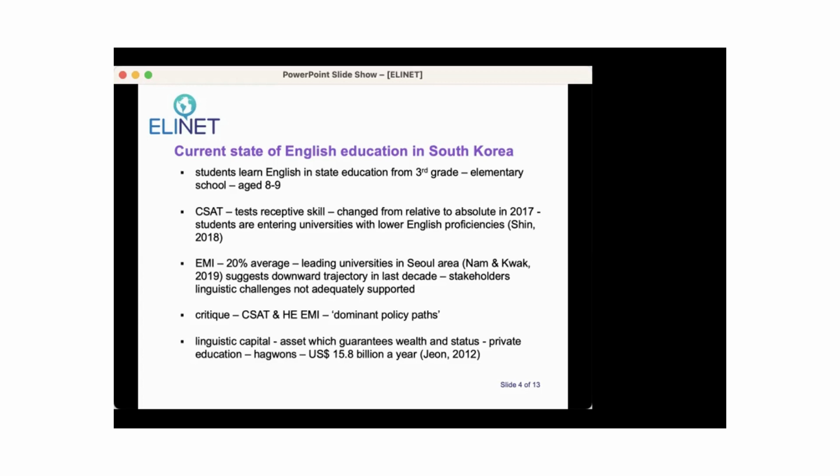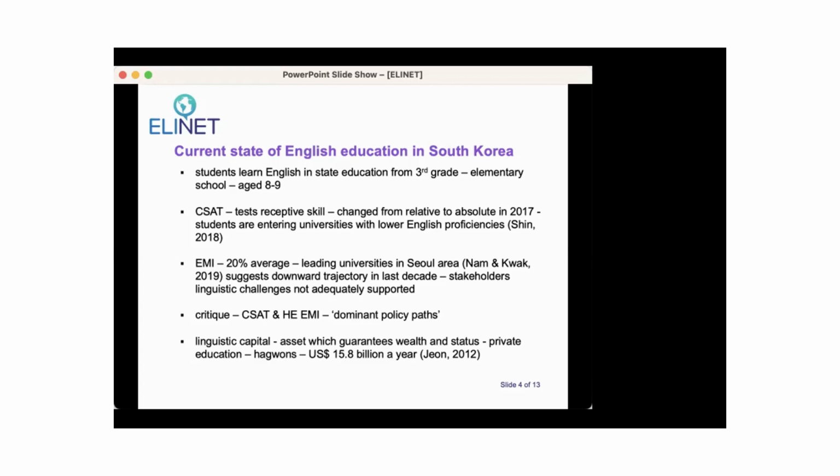But this means that students are now entering university with a lower English proficiency as they focus less on studying English for the CSAT. EMI currently averages 20% of the courses at 10 of the leading universities in the Seoul area.